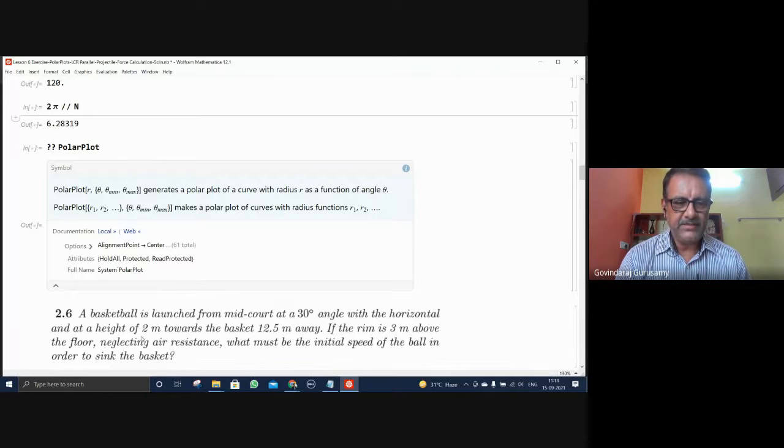For the vertical motion, this is the initial height, then this is the final height, the angle is given, and the range is also given, 12.5. Now you have to solve the equations horizontally and vertically, and see what is the initial velocity with which it should be projected so that it can sink the basket.